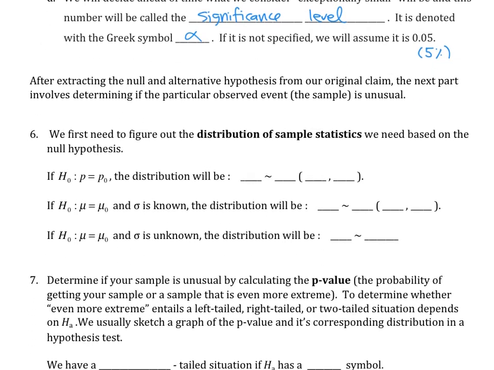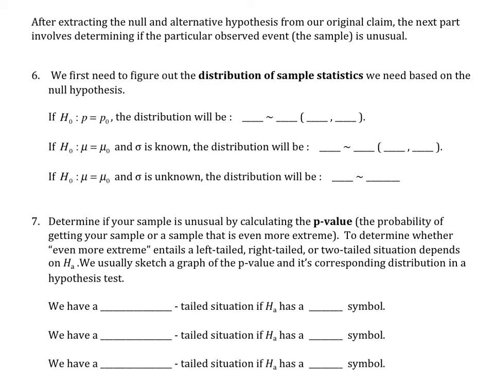In number 6, it gives you a theoretical background, and you'll notice that it's very similar to confidence intervals. If the null hypothesis H0 is about p, the population proportion, then we look at the sample proportion, which is normally distributed with mean p and standard deviation square root of pq over n.